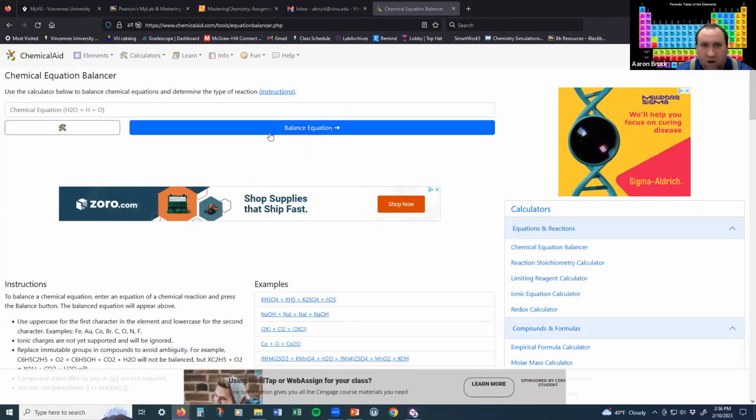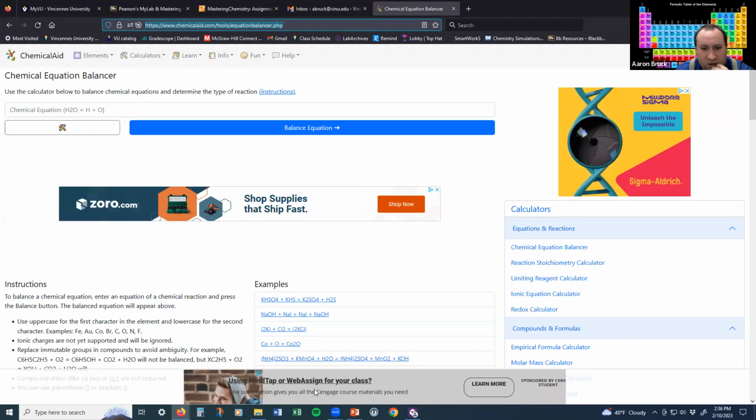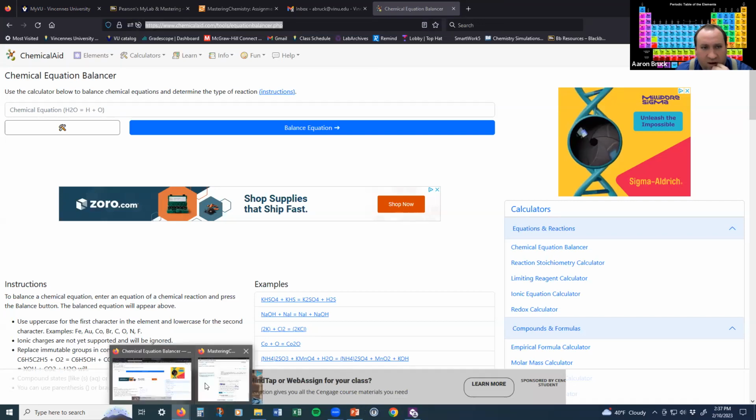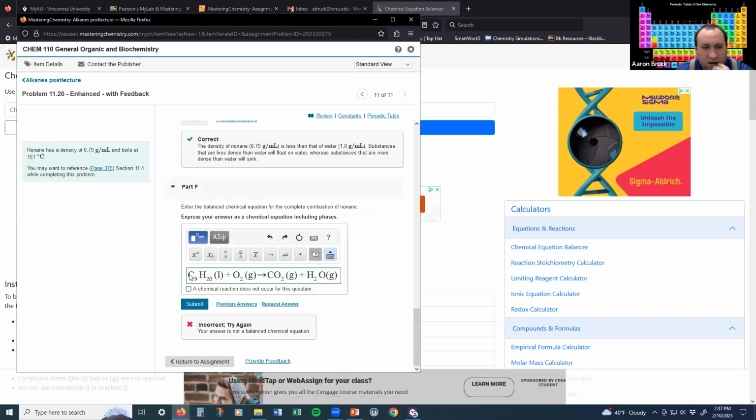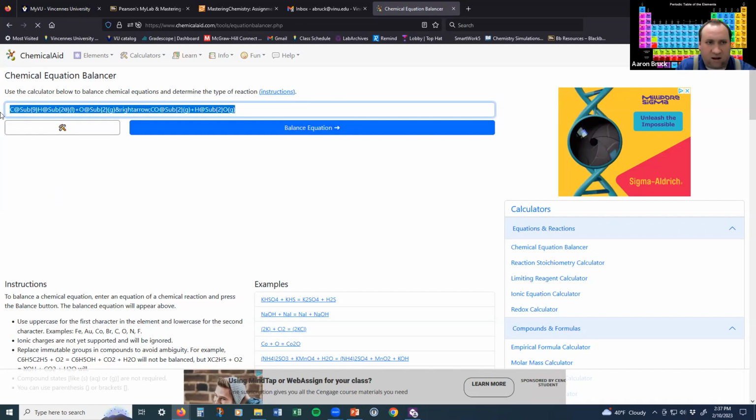This is just simply an equation balancing tool. And what you can do with it is, if you have the nuts and bolts of the equation, you can put it in here, and it's going to yell at you for some of that.